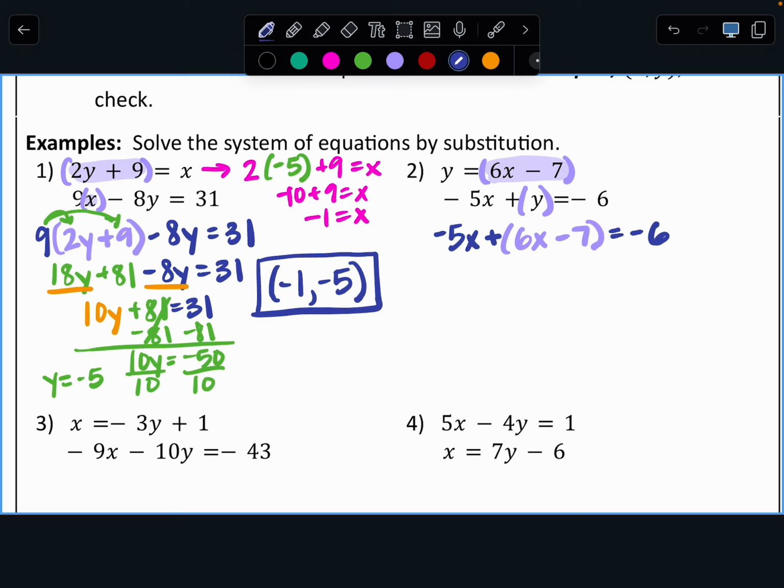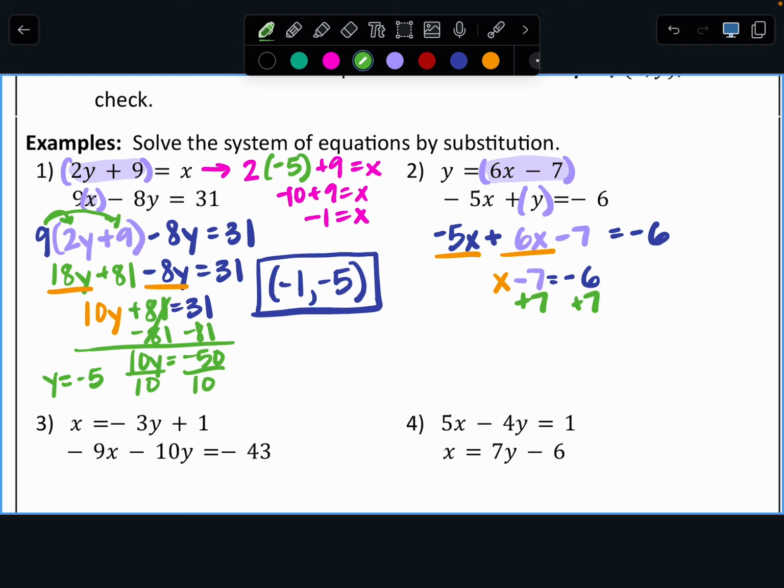So since we're adding that expression in parentheses, I don't even need to do anything with it. I don't need to distribute a negative 1 because it's not subtracting. There's nothing to distribute on the outside. So I can just get rid of the parentheses and combine like terms. Negative 5x and 6x is just x, minus 7 equals negative 6.